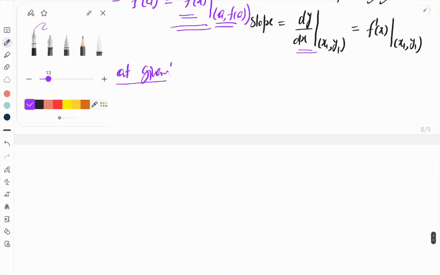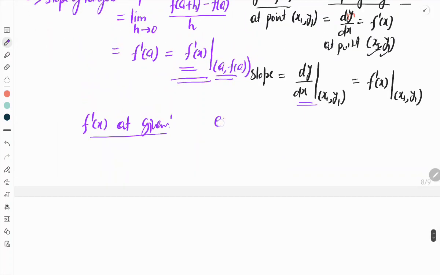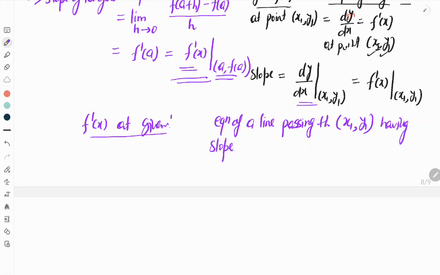Now one more thing, I hope you know, and if you are not aware of this, then I am telling you: the equation of a line passing through (x1, y1) having slope m is given by y minus y1 is equal to m times (x minus x1).